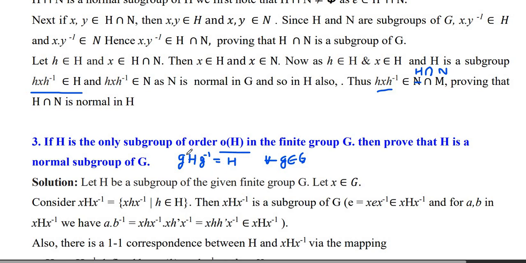So this is the concept behind proving that, given H is the only subgroup with order o(H), then H is normal in G.